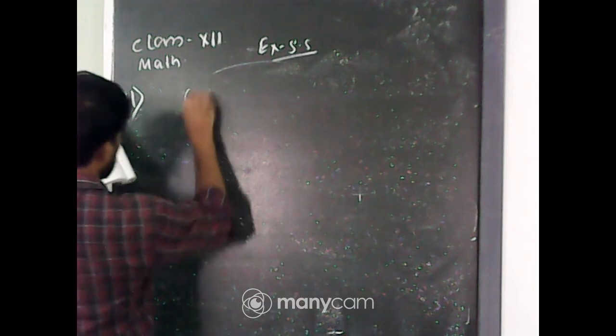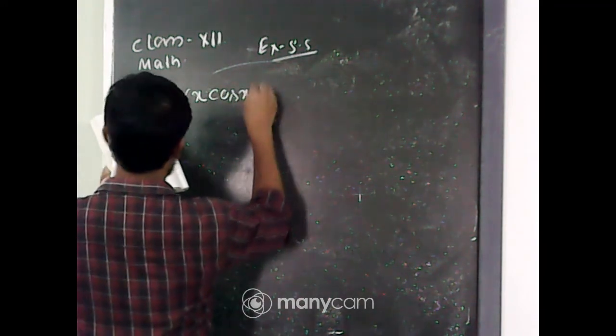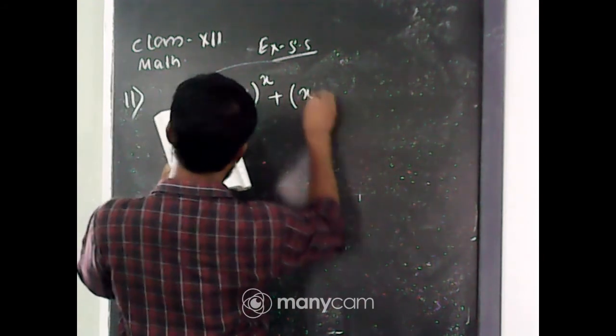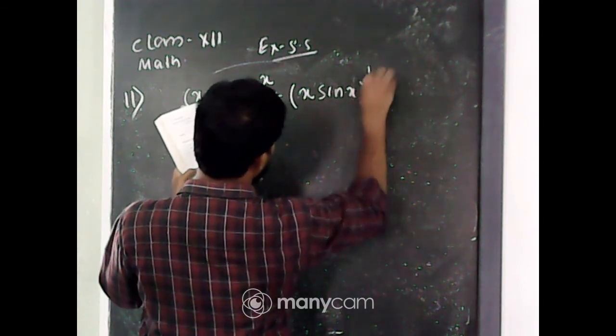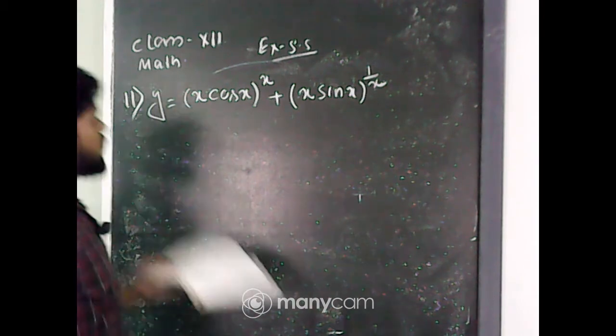Question number 11 is: differentiate this expression, (x cos x) to the power x plus (x sin x) to the power 1 by x. So we have to differentiate this expression.